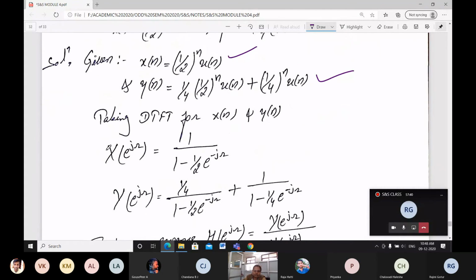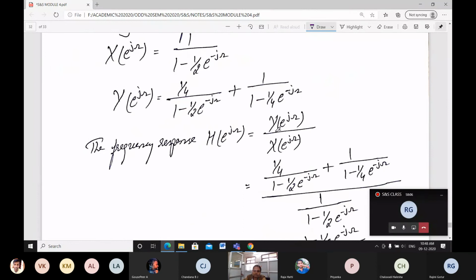X of e raised to j omega is equal to, we already came across this equation, right? So I can write 1 divided by 1 minus 1/2 e raised to minus j omega. Then Y of e raised to j omega is 1/4 divided by 1 minus 1/2 e raised to minus j omega, because 1/4 is there, plus 1 divided by 1 minus 1/4 e raised to minus j omega.